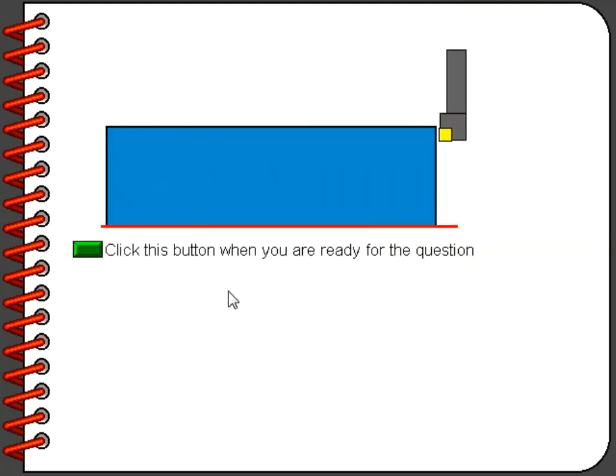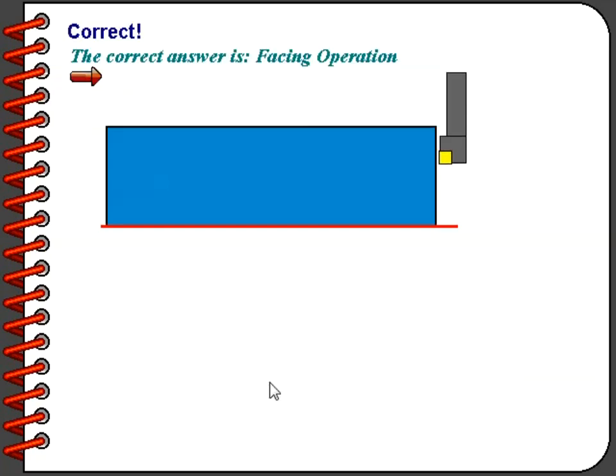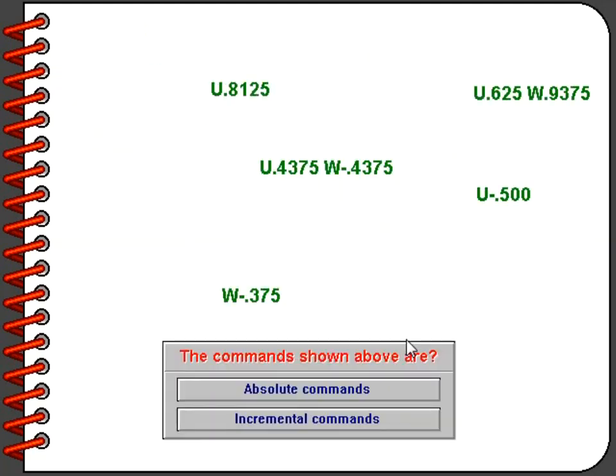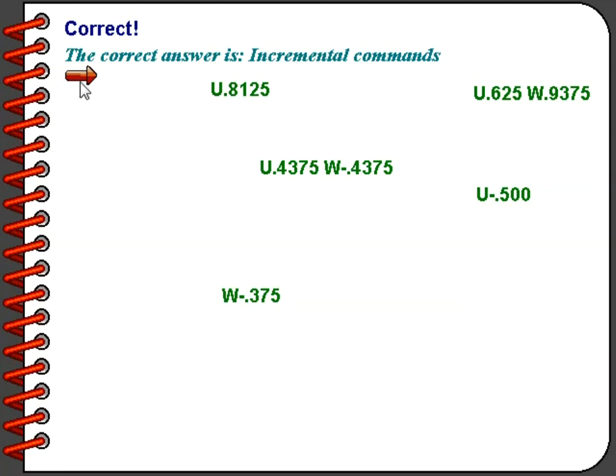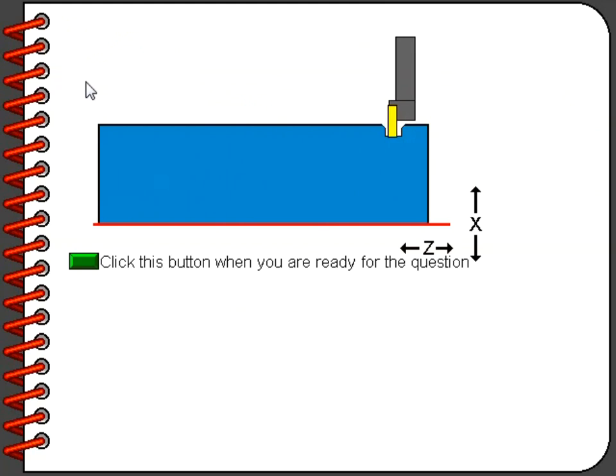When you think you know what type of machining operation this is, click the green button. Are these absolute commands or incremental commands? Which machining operation could this be? When you think you know, click the green button.